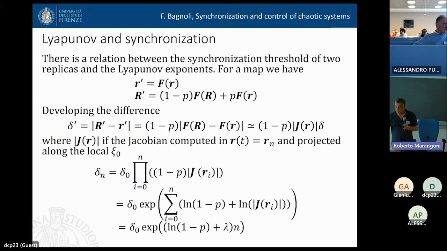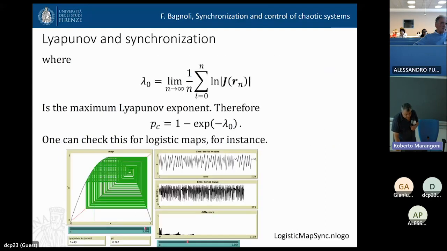When you perform synchronization, you are pushing one system towards the other. Clearly, they are two related aspects. And in fact, for instance, if you push all dimensions, all the degrees of freedom, in the same way, there is a very nice relationship between the synchronization threshold and the Lyapunov exponent.